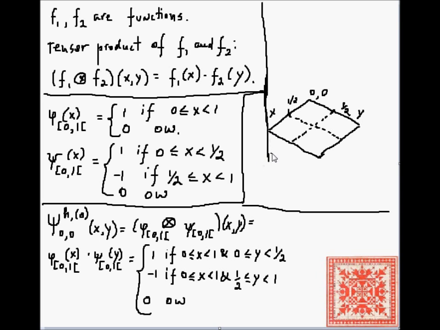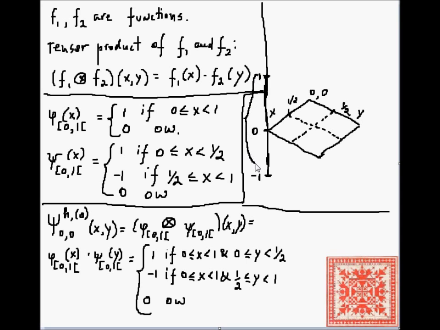The z-axis will be from 1 to minus 1 with 0 in the middle. So this is 1, this is minus 1, 0 in the middle.